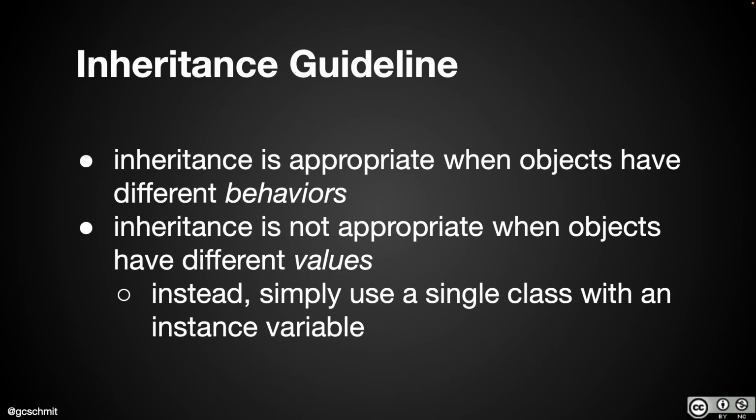Okay. So we have subclasses for choice question, which is like a multiple choice question, and fill in question, which is like a fill in the blank question, because those are fundamentally two different types of questions and they have different behaviors. We don't create subclasses because we have question one on the exam and a different subclass for question two. We don't need that because they just have different values, right?